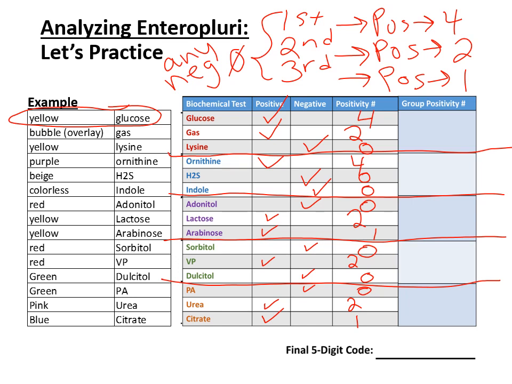Okay, so now you have all of your positivity numbers. Now the last thing you have to do is come up with your group positivity numbers. In order to do that, you go group by group and you add together your 3 individual numbers. So 4 plus 2 plus 0 would be 6.